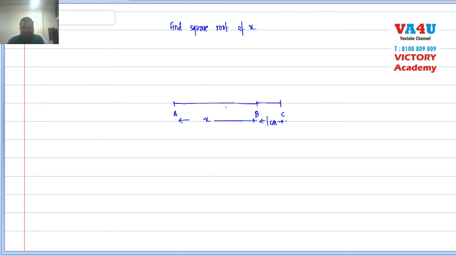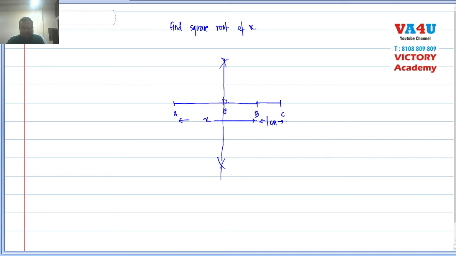Then I draw the perpendicular bisector of AC. Suppose the midpoint is O. We have seen how to draw the perpendicular bisector and we get the midpoint. We take more than half, and draw an arc on top and bottom using C as the center. Another arc from A, same length. And we join these 2 points to get the perpendicular bisector.